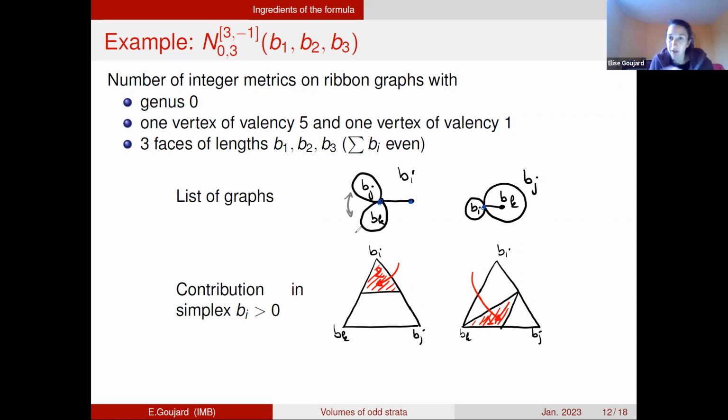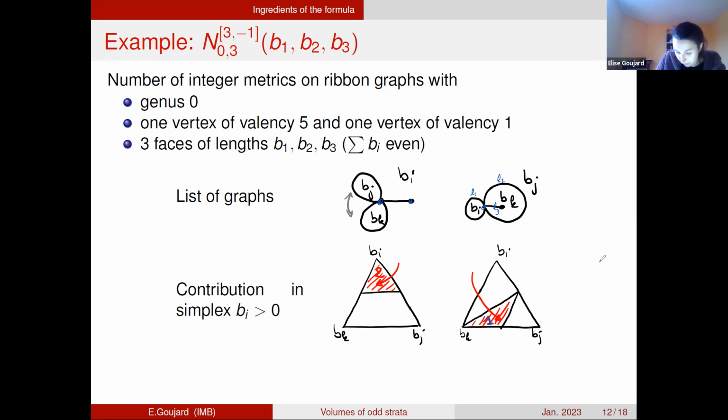Now I put a length on the faces, and I want to know how many choices of lengths of the edges there are for each case. I think here I wrote already the equation to determine the lengths L1, L2, L3. And when you solve this linear system, you get one solution inside this chamber.